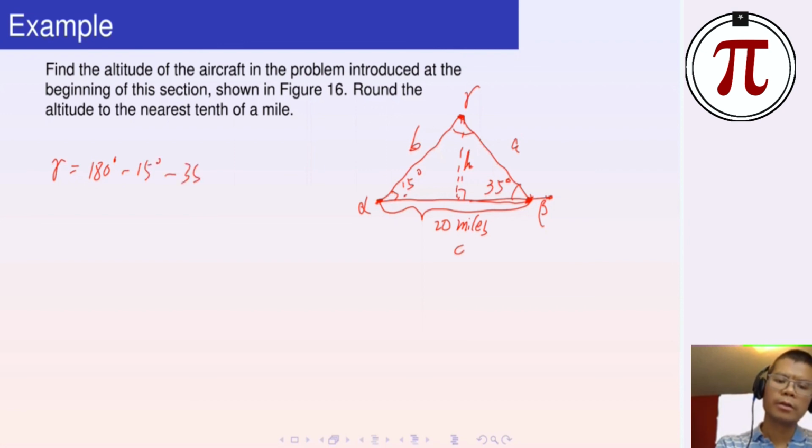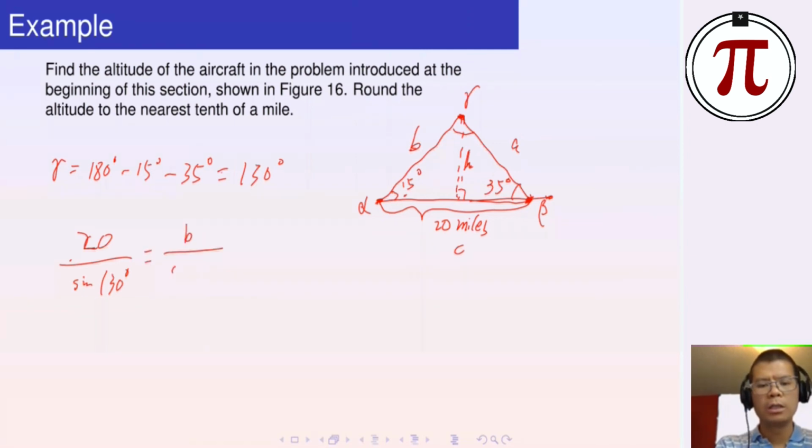Yeah, so 130. So by law of sine, right? So C, 20 over sine 130 degrees equals what? b over sine 35.